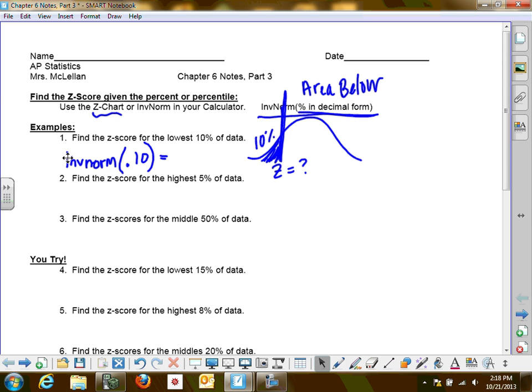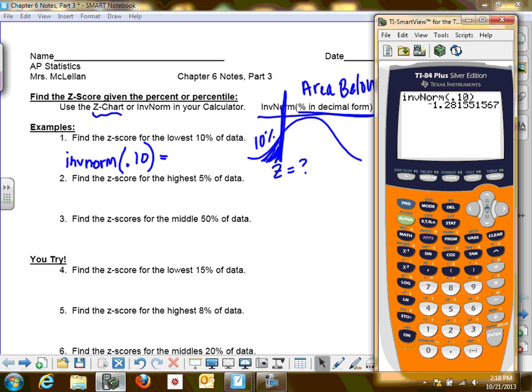It is located in the same place that your other information was, in second bars, which is next to the clear button. Go down to inverse norm and put in your 0.1 or 0.10, whatever your percent is, and you hit enter, and boom, there you go.